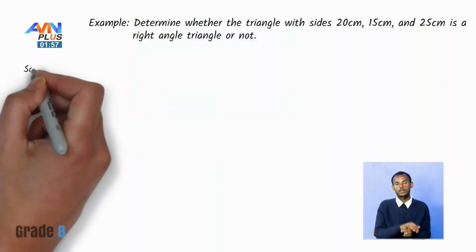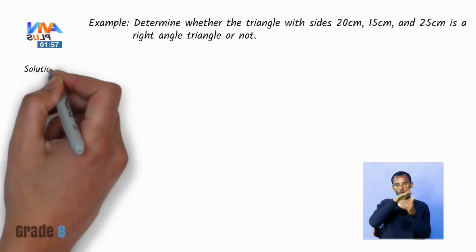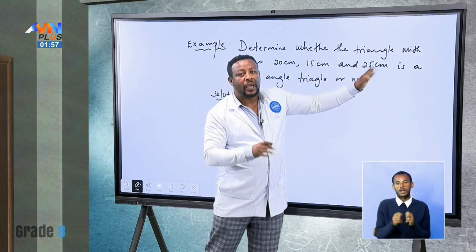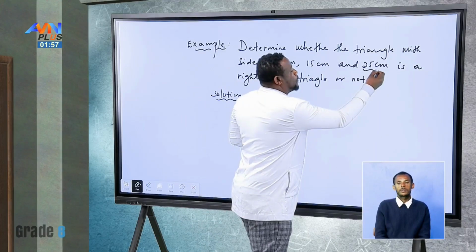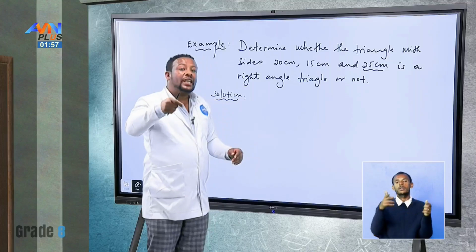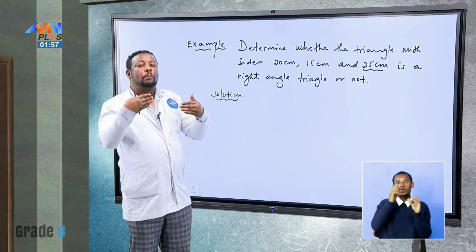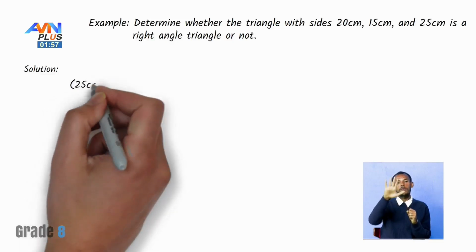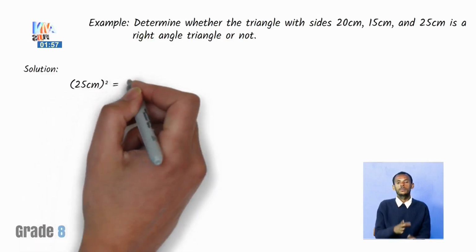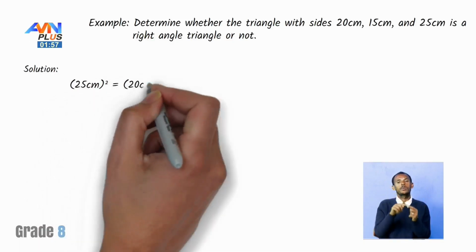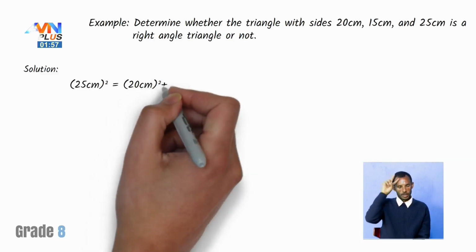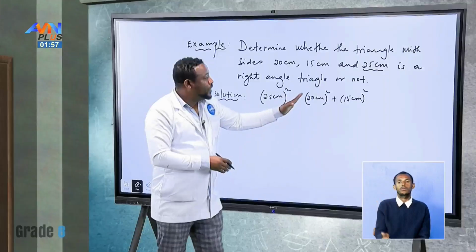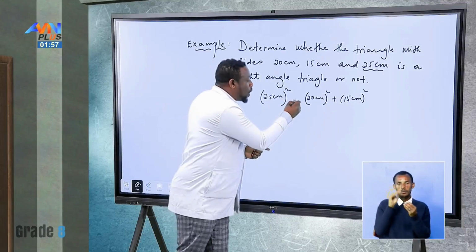Look at all the sides. Clearly the longest side in this triangle is 25. So the only thing you can do is compare the square of 25 with 20 centimeter squared plus 15 centimeter squared.